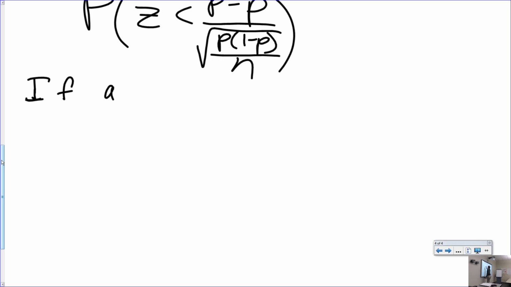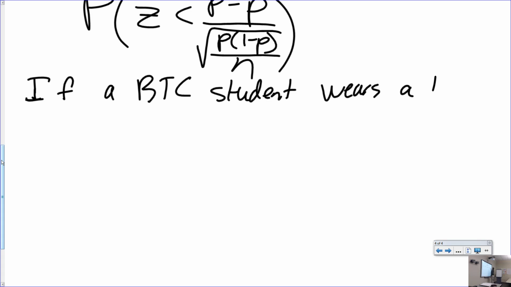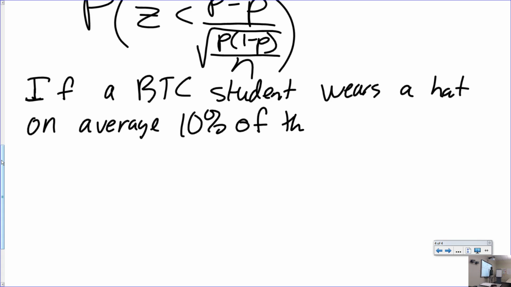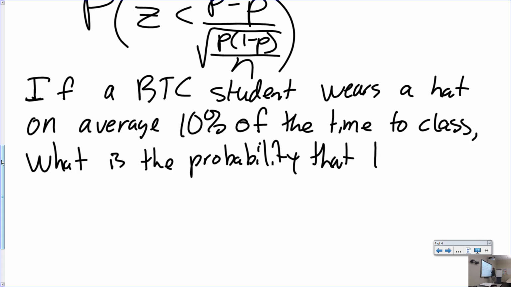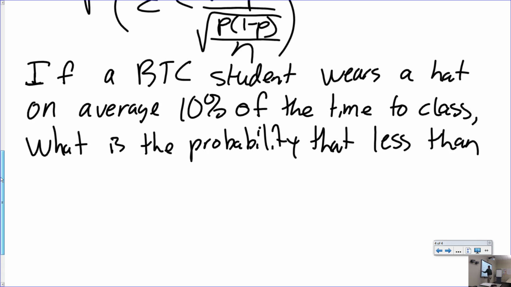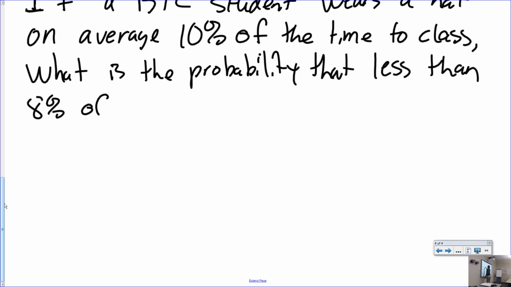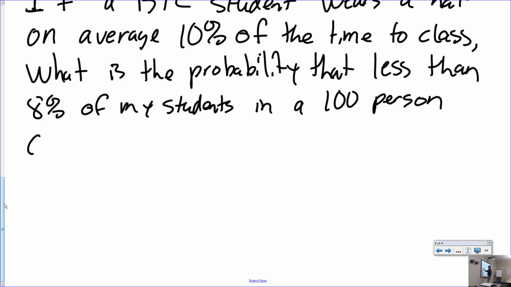If a BTC student wears a hat on average 10% of the time in class, what is the probability that, say, less than 8% of my students, in a relatively nice number, say a 100-person class, wear a hat?